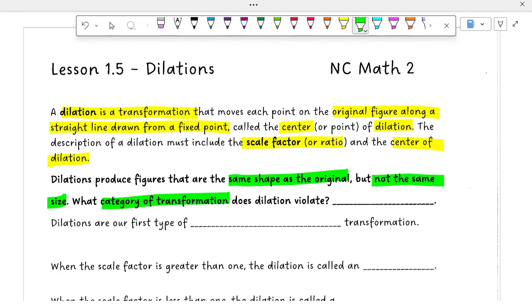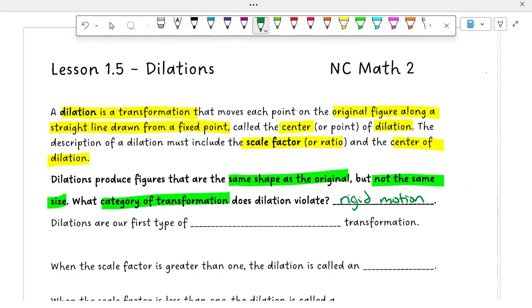So a dilation violates what we know about rigid motion. Why does it violate that? It changes its size. Remember, rigid motion creates congruent figures. So same shape, same size. As soon as you change the size, it's no longer a rigid motion.